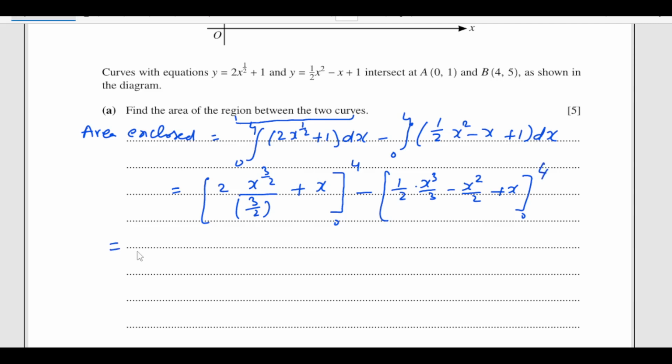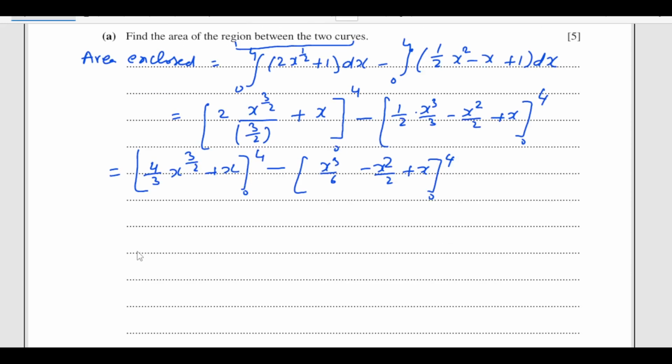So now this will become 4 over 3 x power 3 over 2 plus x, limits still we have there, we will put in the next step. So now x cubed over 6 minus x squared over 2 plus x, 0 to 4, right?